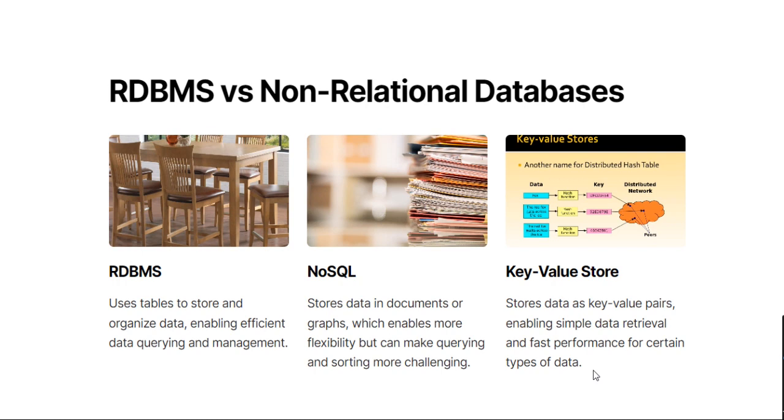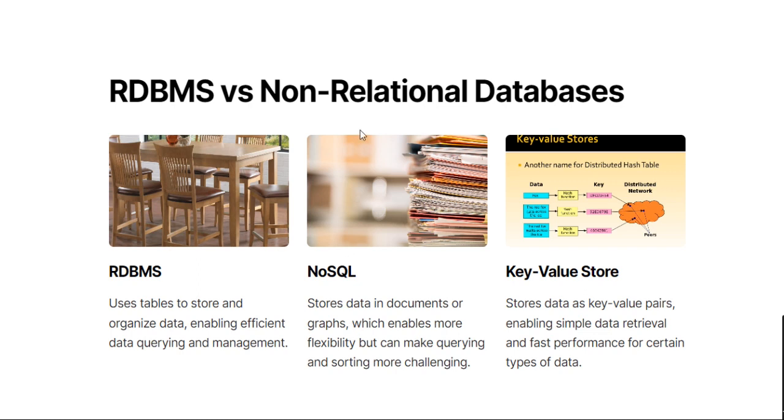Then we will see RDBMS versus non-relational databases. RDBMS uses tables to store and organize data, enabling efficient data querying and management. NoSQL stores data in documents or graphs, which enables more flexibility but can make querying and sorting more challenging.